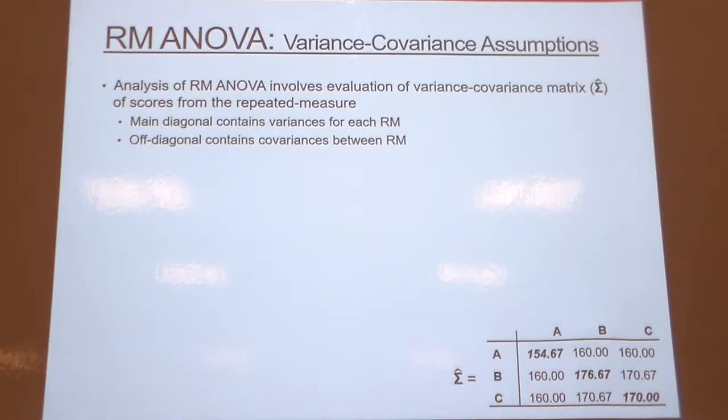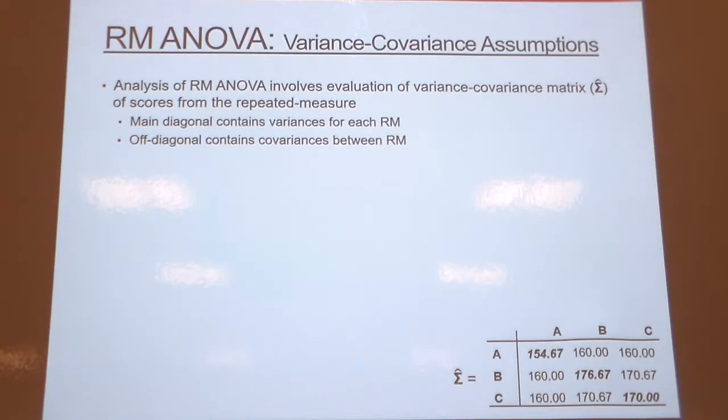So if we were to change this around to things that would make more sense to look at and interpret, the diagonal would be just standard deviations of scores for each time point, and the off diagonal is going to be your correlations. Now, we're not using standard deviations and correlations when we're actually calculating, but conceptually, that's kind of what's going on.